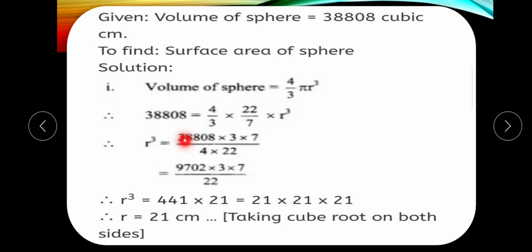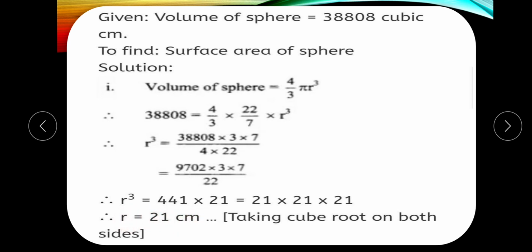When you divide 38,808 by 4, you will get 9,702 into 3 into 7 upon 22. Solving this, we get 441 into 21. Now taking the cube root from both sides, we get r is equal to 21 centimeter.